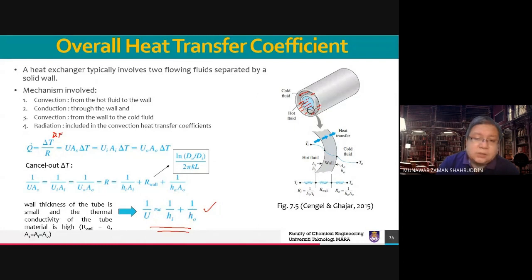So in order for us to determine Hi and H naught, we need to basically assess the Nu, whereby Nu will be basically depends on the Reynolds number.